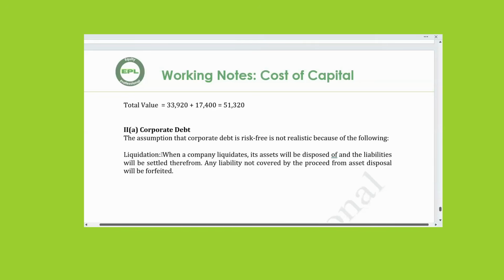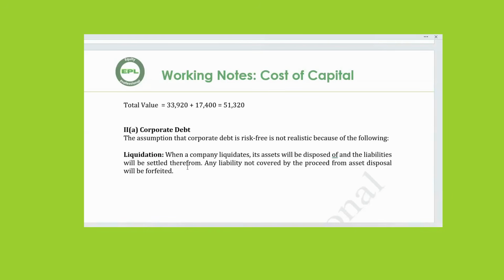You can imagine, for example, a company owing 1 million naira to creditors, and because the company is facing financial challenges, it cannot continue on a going concern basis, so we liquidate the company. We sell all the assets of the company and realize 800,000. Meanwhile, the company is owing debt of 1 million naira.